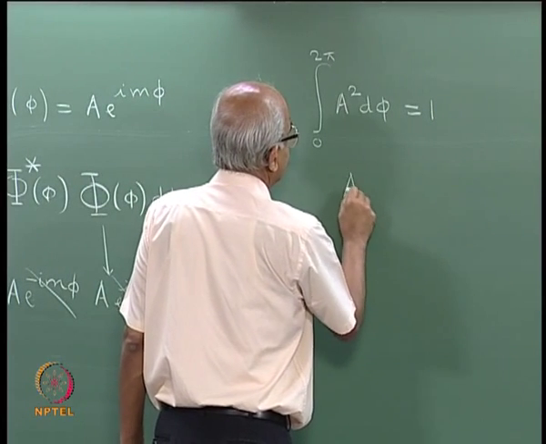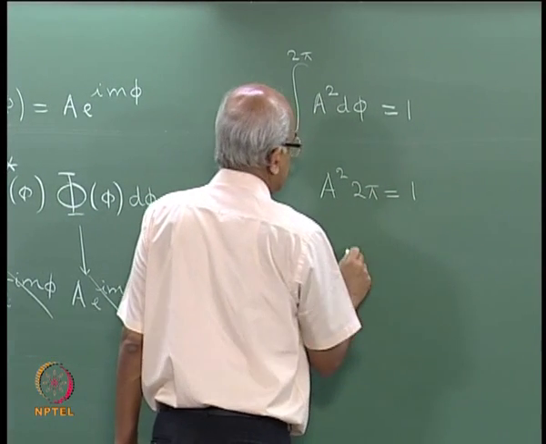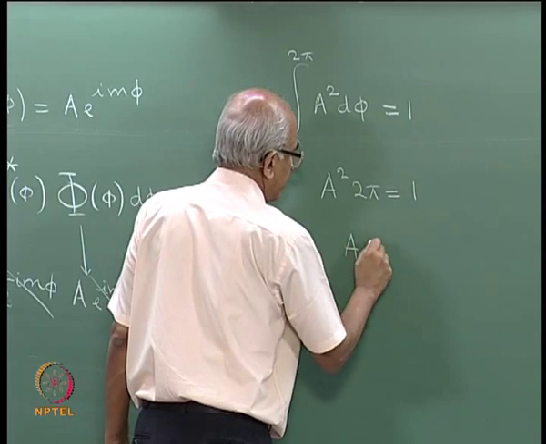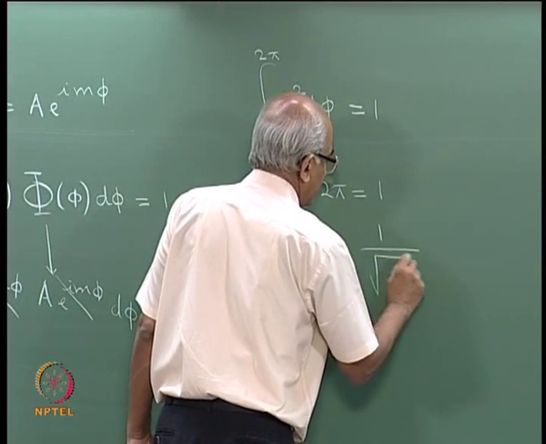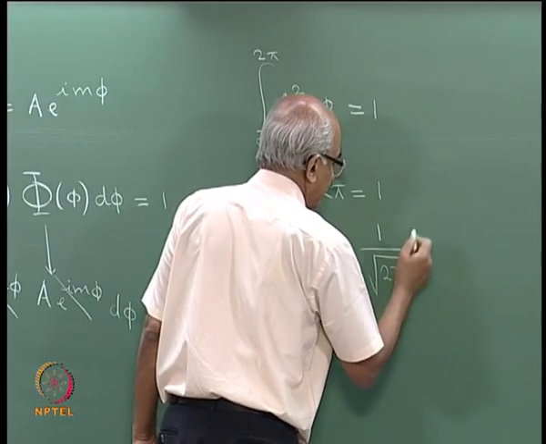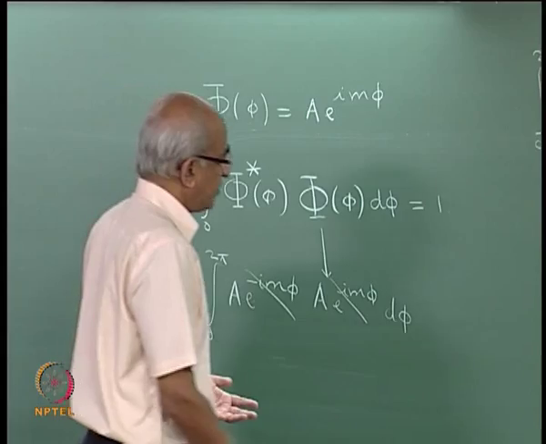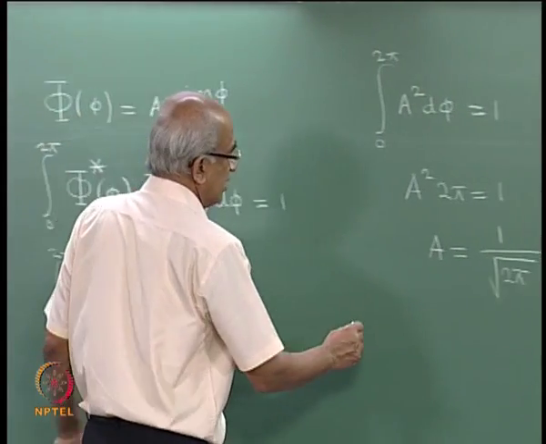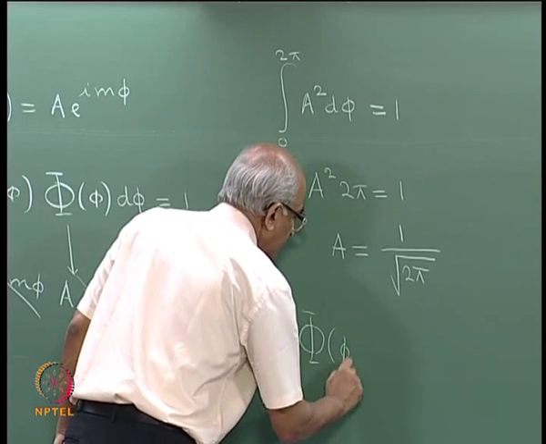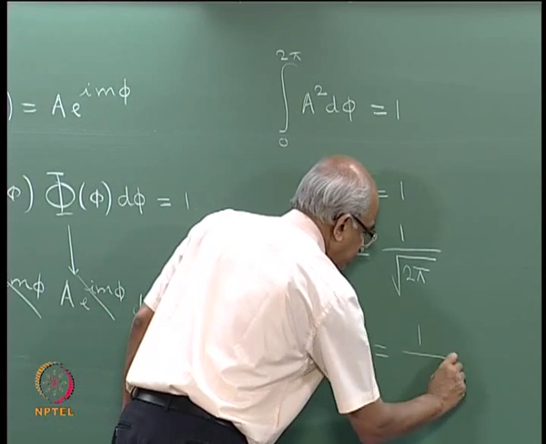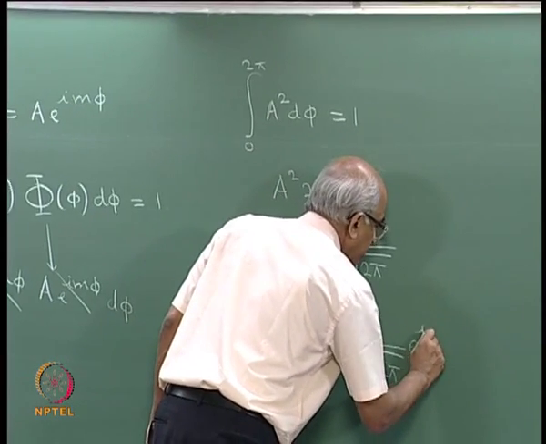You will find that A square into 2 pi is equal to 1, which implies that a suitable value for the normalization constant is A equal to 1 by square root of 2 pi. As a result, the normalized wave function, this capital Phi, will become capital Phi of phi is equal to 1 by square root of 2 pi e to the power of i m phi.